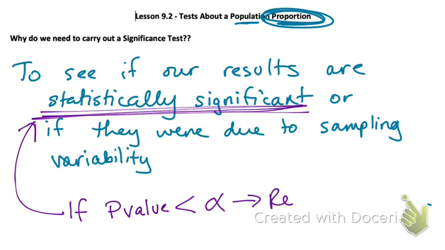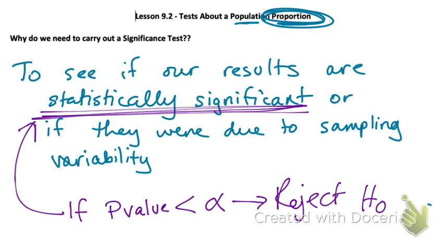So we get those statistically significant results when we reject the null hypothesis. That's the reason we do a whole entire significance test.